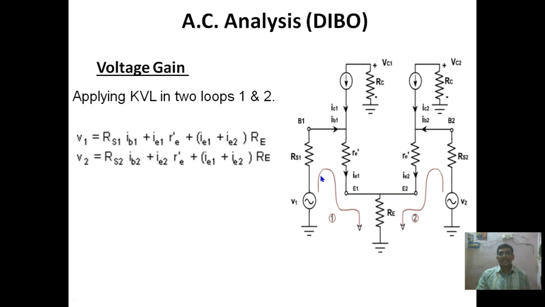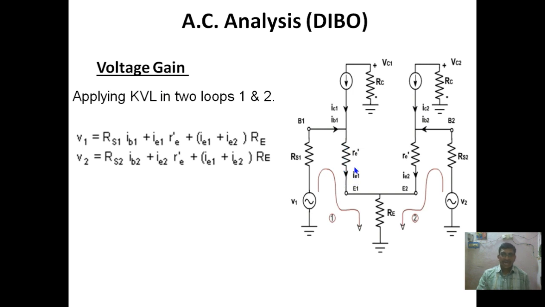If we apply KVL for this loop 1, the voltage that is present in this loop is V1. Therefore, V1 is equal to RS1 into IB1, because this is the stage 1 base current. That's why RS1 into IB1. And here RE dash into IE1, because the emitter current is flowing in the emitter branch.